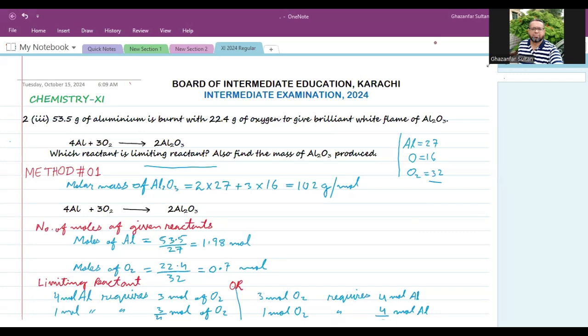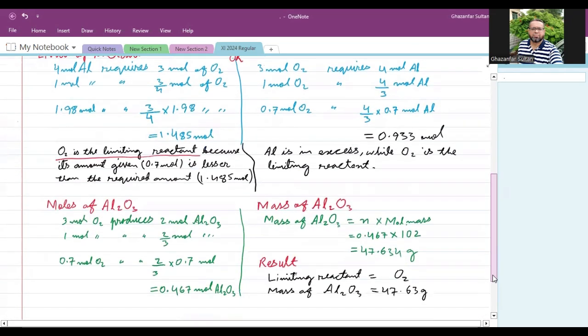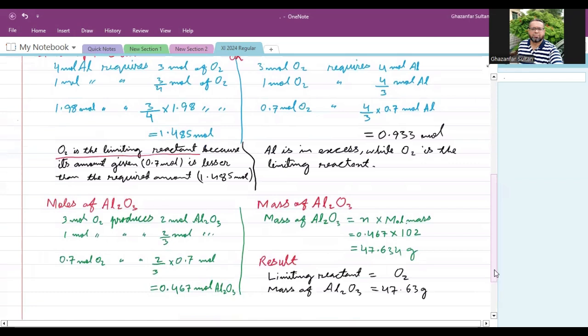And after finding the limiting reactant, from the given mass of limiting reactant, we calculate the maximum amount of product that can be obtained by the reaction.